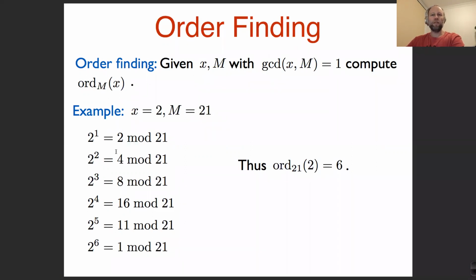We have 2, 4, 8, 16, then 16 times 2 is 32, so mod 21, that's 11. 11 times 2 is 22, mod 21, that's 1. So now we found the order of 2 mod 21, which is 6.